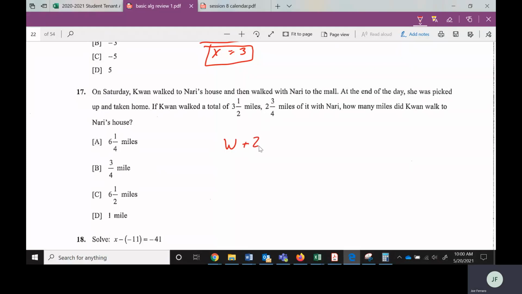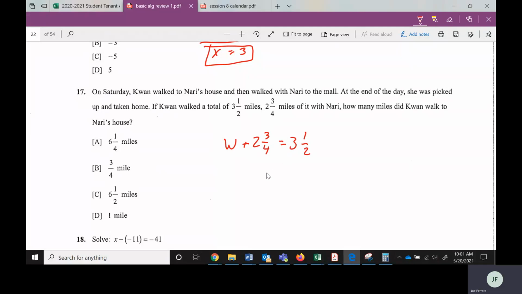That was 2 3/4 miles. And it said at the end, so she, including this, had walked 3.5 miles. So Kwan walked by herself for some distance. She walked 2 3/4 miles with Nari, and that all added up to 3.5 miles.